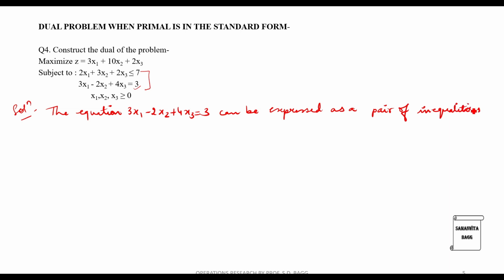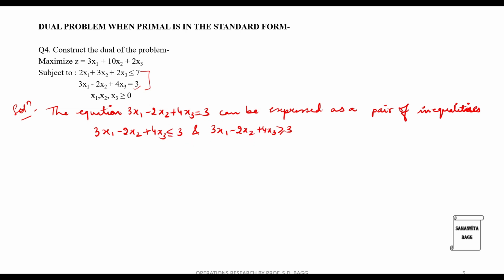So when I have a pair, which means there are two of them, I will first write this as 3x1 - 2x2 + 4x3 ≤ 3 and 3x1 - 2x2 + 4x3 ≥ 3. So I have written this equal to sign into two forms, less than or equal to and greater than or equal to.